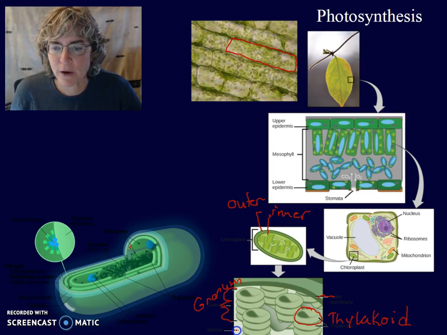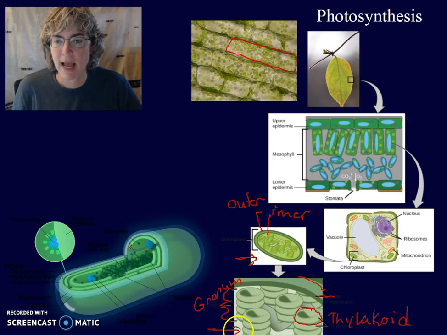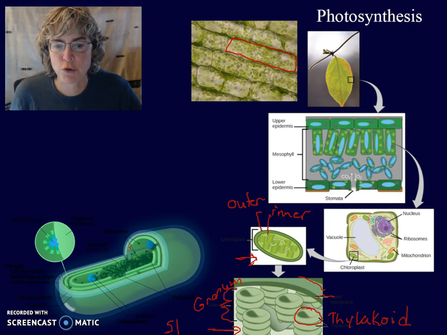And out here, outside of the chloroplast, is the cytoplasm of the cell. And here we are inside a chloroplast, and the space inside the chloroplast is called the stroma.